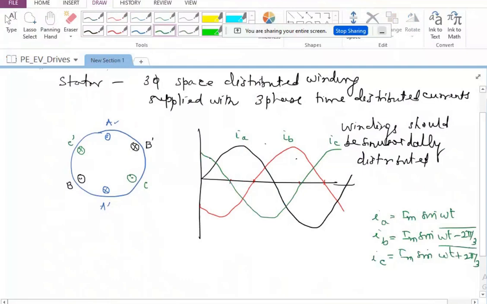This is the way the three-phase currents are going to be. Okay. Now this is the omega t axis. What I have shown here is the omega t axis.